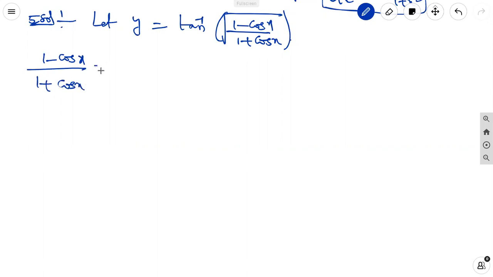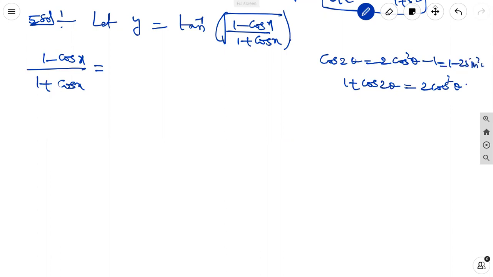We can use the cos 2 theta formula: cos 2 theta equal to 2 cos square theta minus 1. From this, 1 plus cos 2 theta equal to 2 cos square theta. And one more formula is cos 2 theta equal to 1 minus 2 sin square theta.